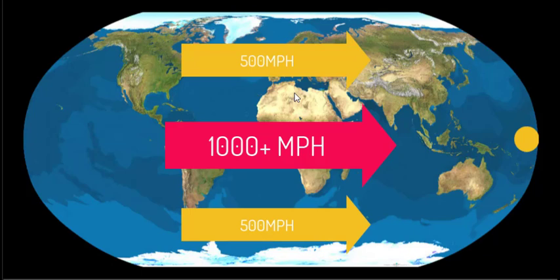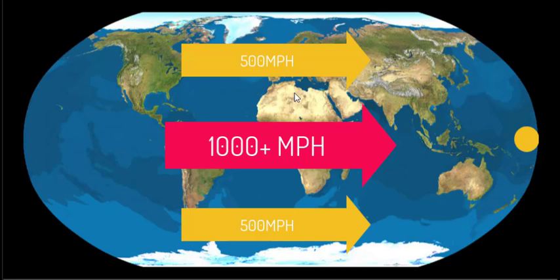At some northern and southern latitudes, it's only spinning at 500 miles per hour, but it's spinning at over 1,000 miles per hour at the equator. This difference is what causes low pressure systems to form counterclockwise rotations in the north and clockwise in the south because of the shear, which is impossible, but that's for another video.